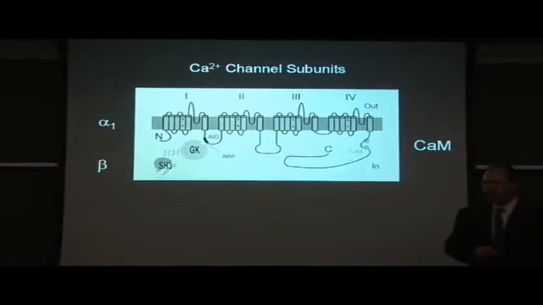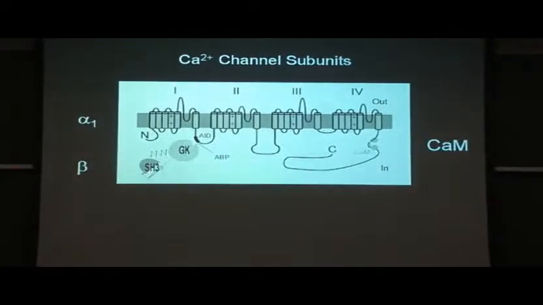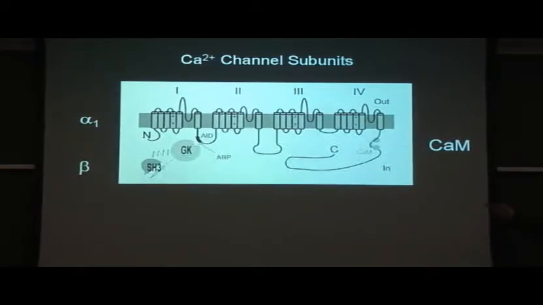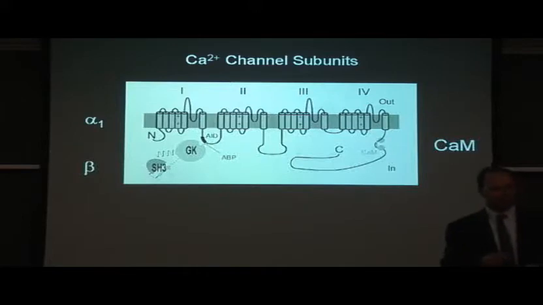So, to start with the calcium channels, this is a schematic of the pore-forming subunit of the calcium channels. And you can see the pseudo-fourfold symmetry with 4 sets of 6 transmembrane domains linked by these intracellular linkers. We now have structure of beta subunits, at least in the core domain, and we've done some work on beta subunits, and I have been thinking about talking about beta subunits, but I'm not going to.